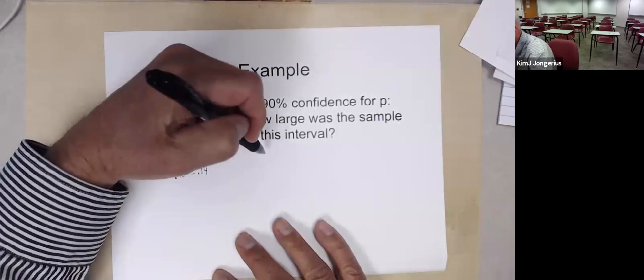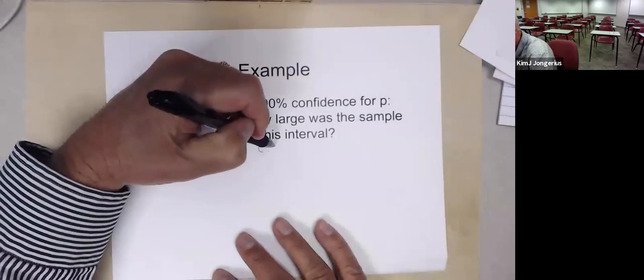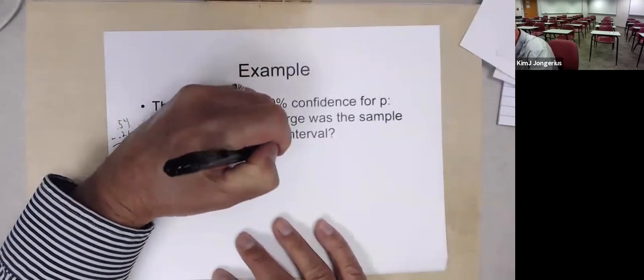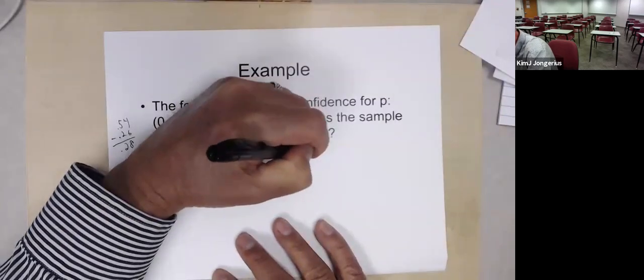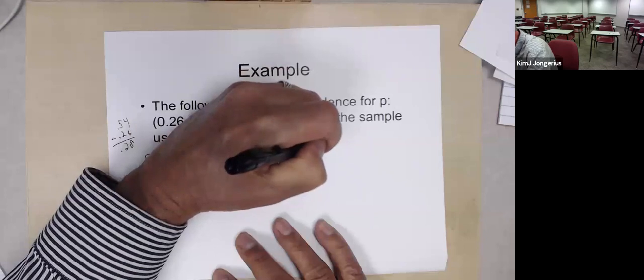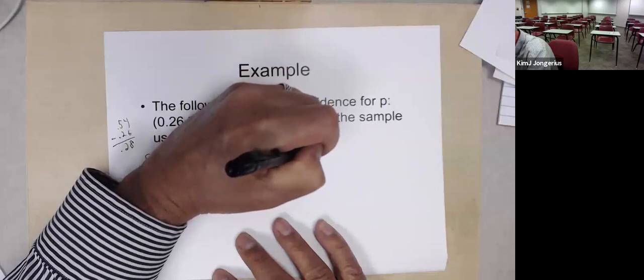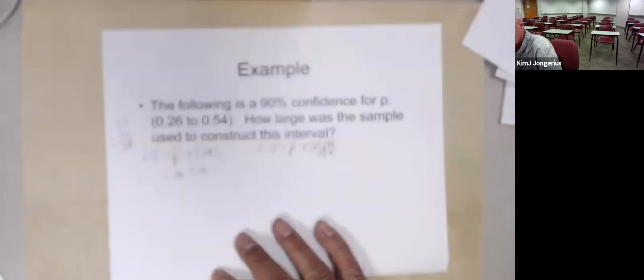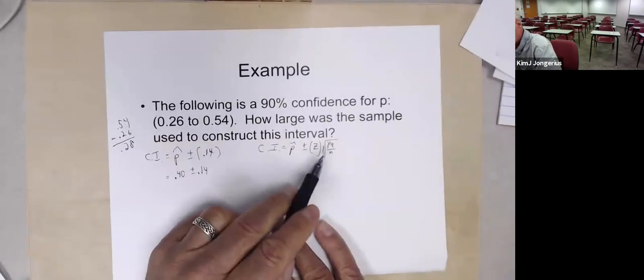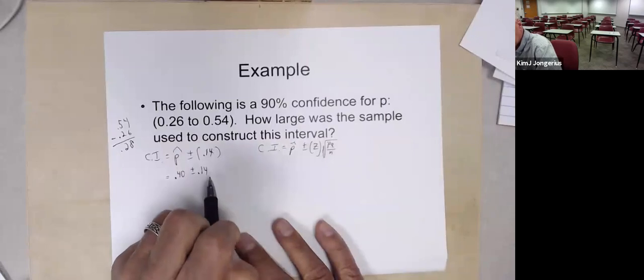For example, this confidence interval, which was p hat plus or minus my z-score times the square root of pq over n. That plus or minus had to be equal to 0.14.